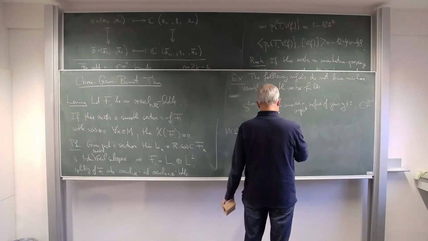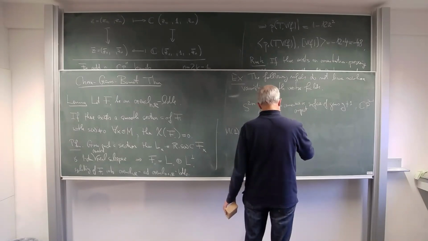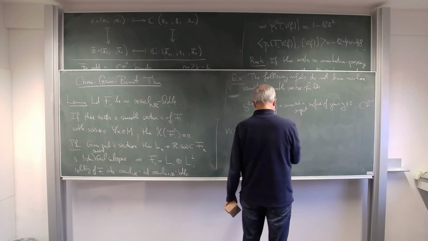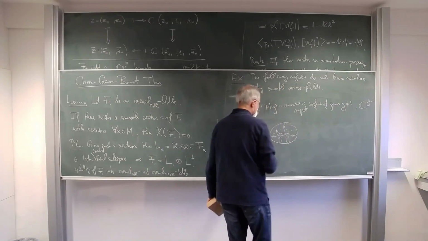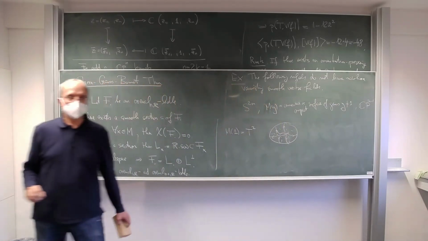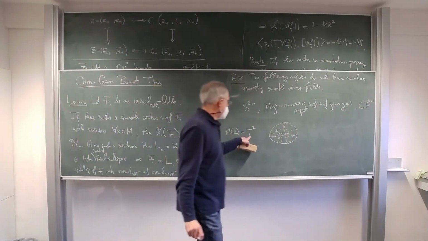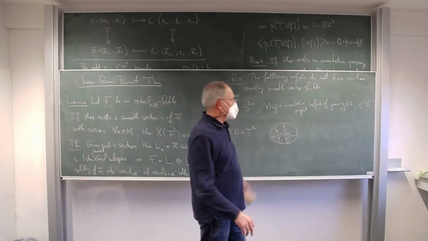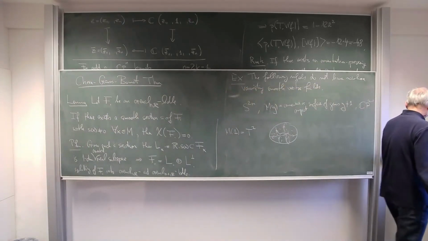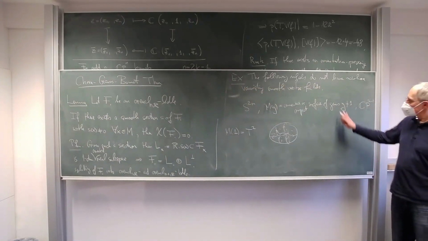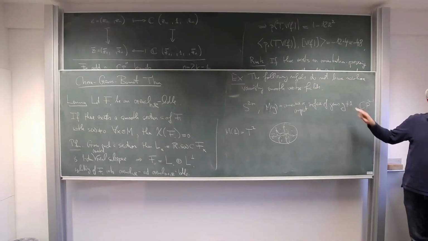You could just take a vector field that goes around these circles. So in this case, you do have a nowhere vanishing vector field. In fact, the tangent bundle of T2 is trivial. So there's good reason for this condition g not equal to 1.